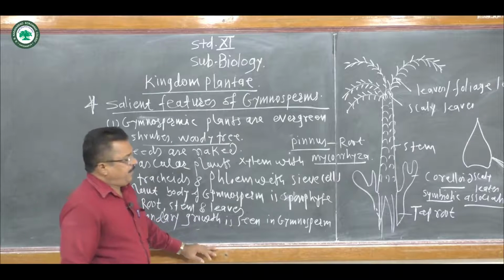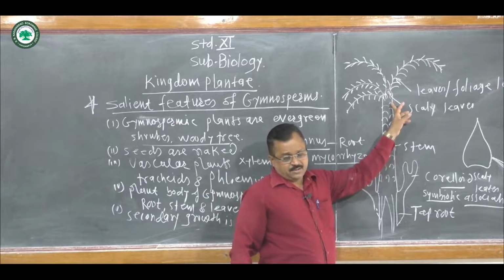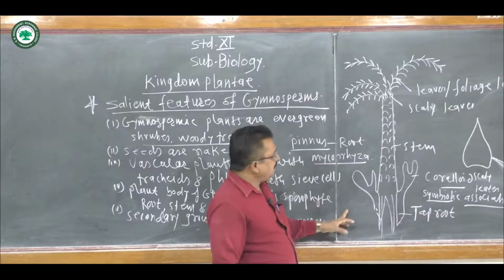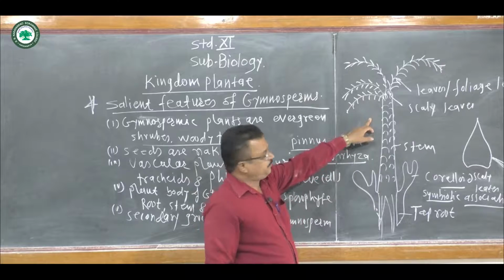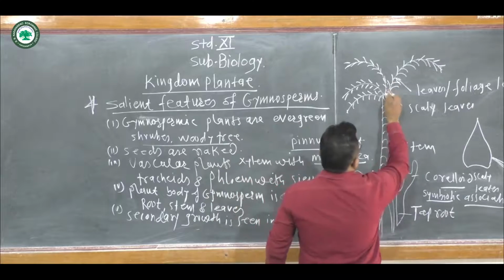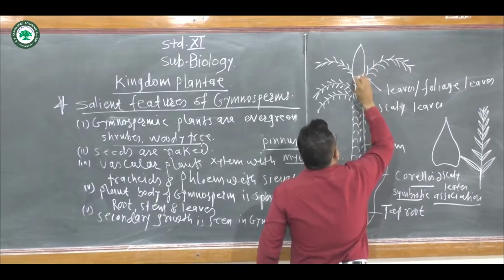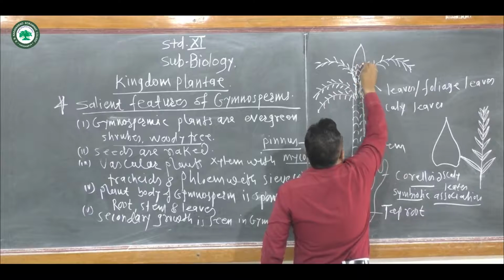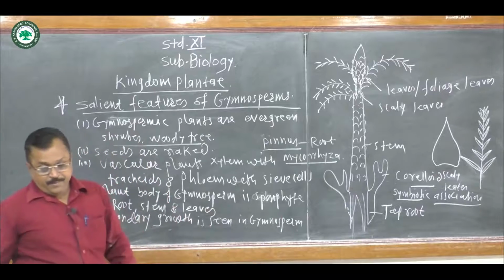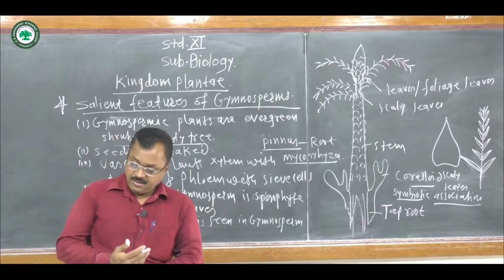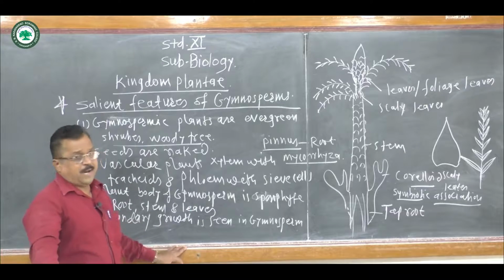Male plant and female plant are separate in Cycas. The male cone is developed on the male plant, and the megasporophylls develop on the female plant.